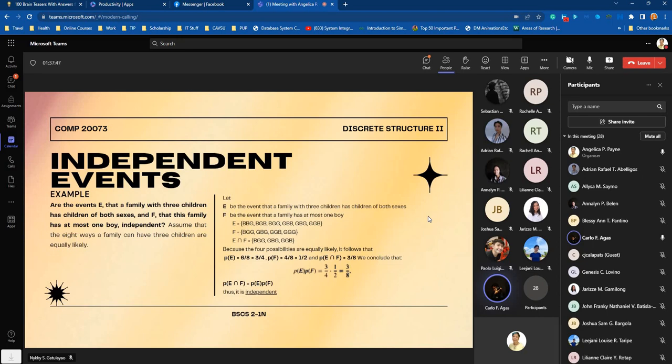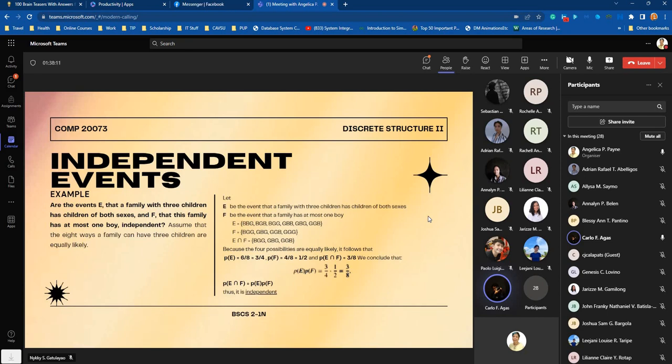Hindi lang nire-regard kung gaano karami at kung pang ilan. At sa second event naman, sa F, yung family at most has 1 boy. At most meaning 1 or 1 and below. Hindi siya at least, at most. So magiging isang boy lang or walang boy.